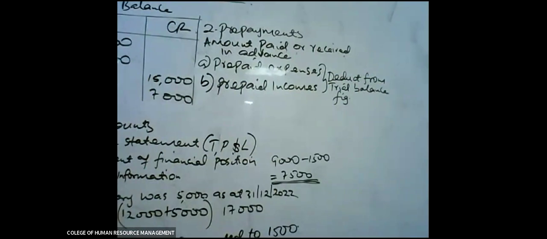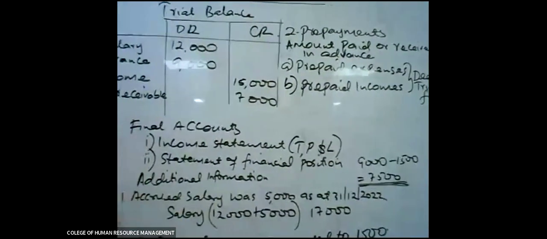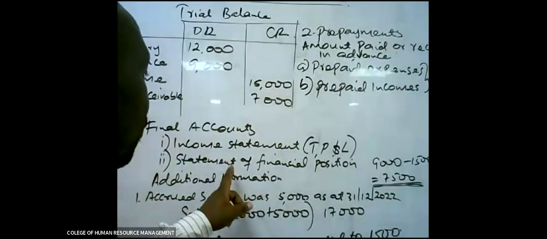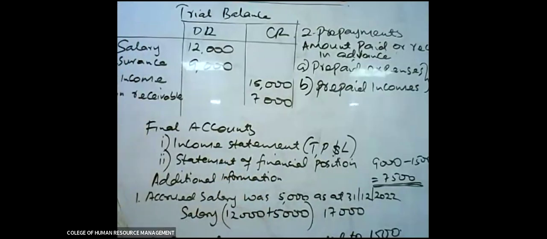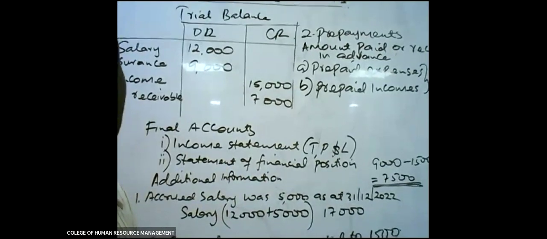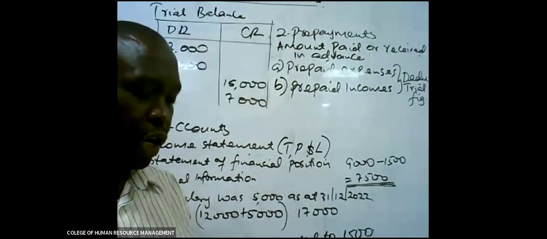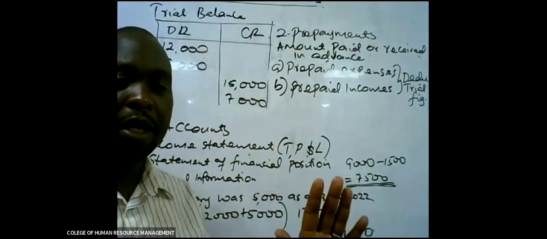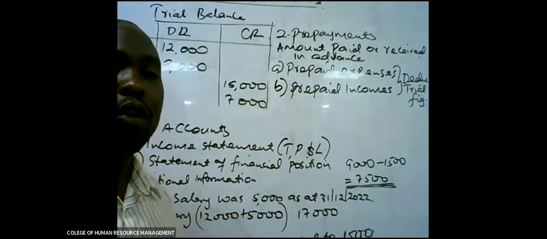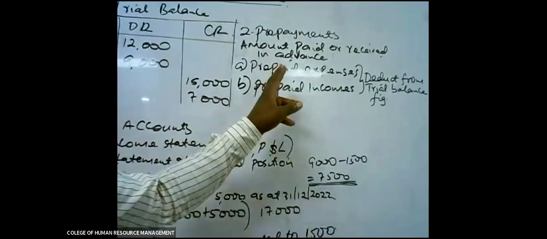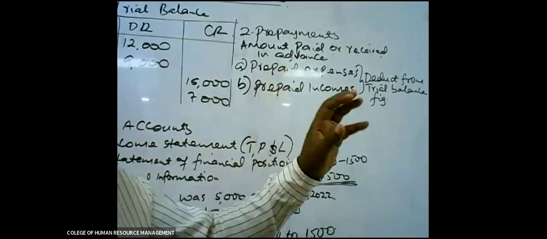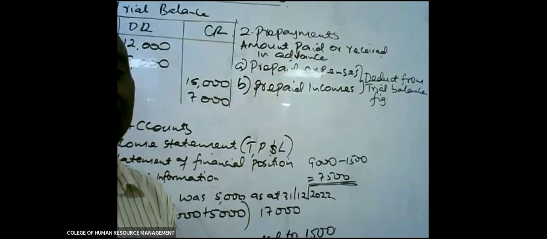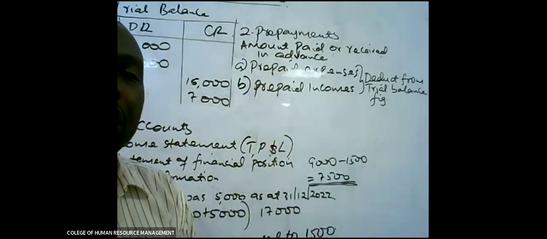And then another case, how do you treat them in the statement of financial position? Prepayment. In the statement of financial position, remember I've said, we only deal with the three items, assets, capital, and liabilities. So you need to note whether these two items belong to assets, capital, or liabilities, and then you are going to capture them accordingly.